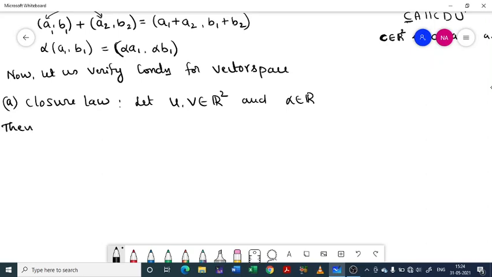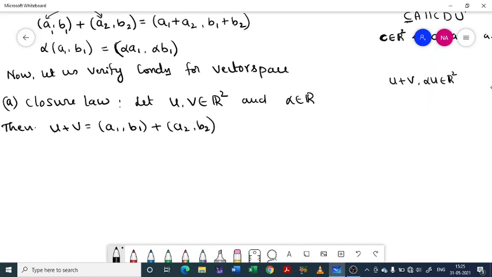Then what we must have is u plus v comma alpha u belongs to R square. This is what I should get. Let us check. Then u plus v will be equal to a1 comma b1 plus a2 comma b2.